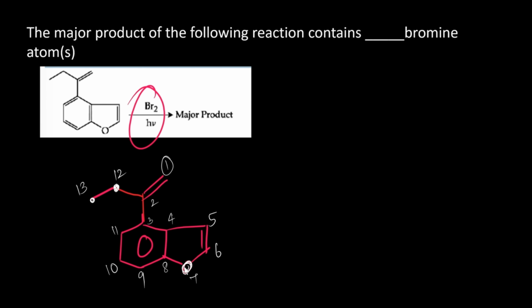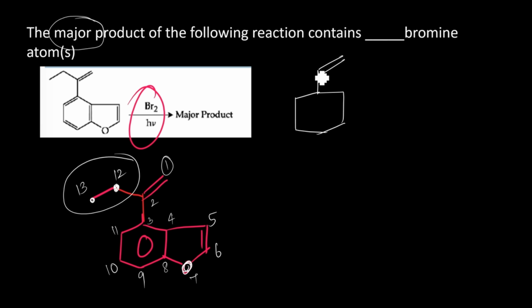So bromine can attack only these two carbons, but the 12th carbon is an alpha carbon and it can easily donate H plus ion. So if they are asking for the major product, then the answer would be: in this part, I'll have a Br. Remaining would be the same.